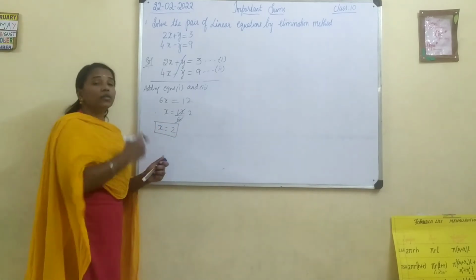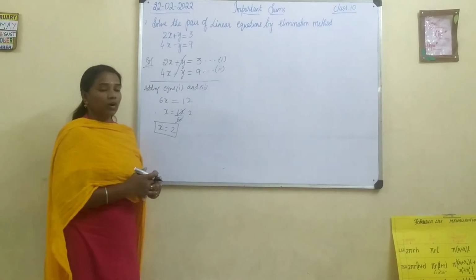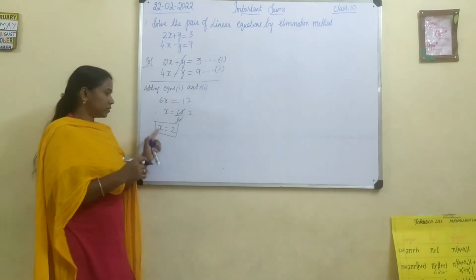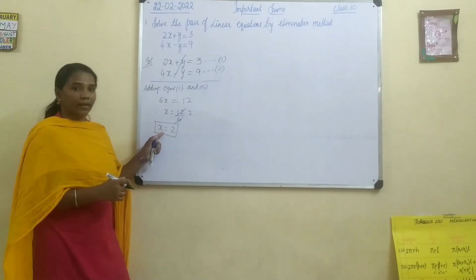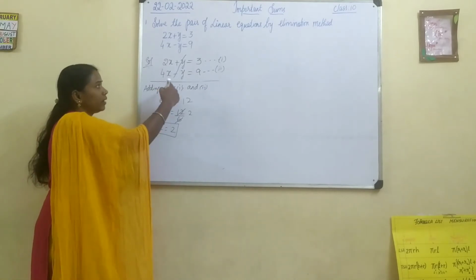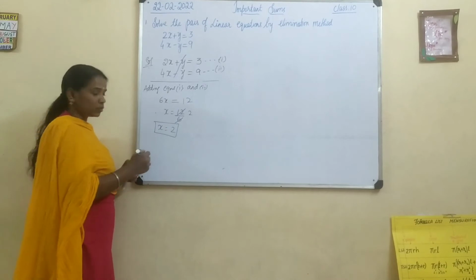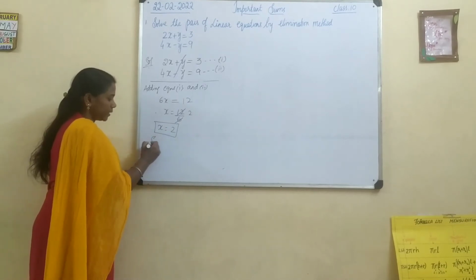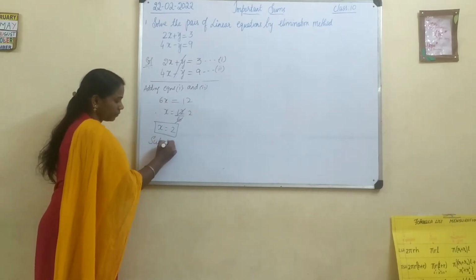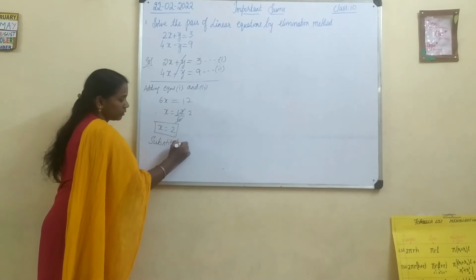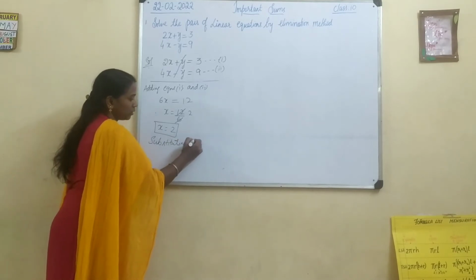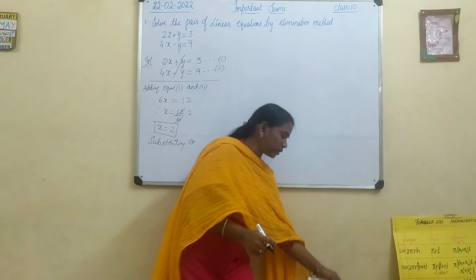Now, how to get the value of y? Yes, by substituting the obtained value of x either in equation 1 or in equation 2. So, let us substitute in equation 1. Okay. Substituting, it's not equation, it is the x value.